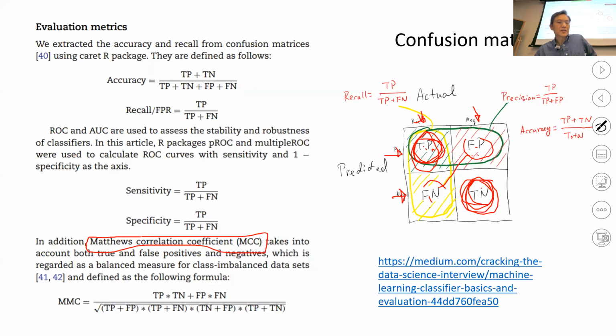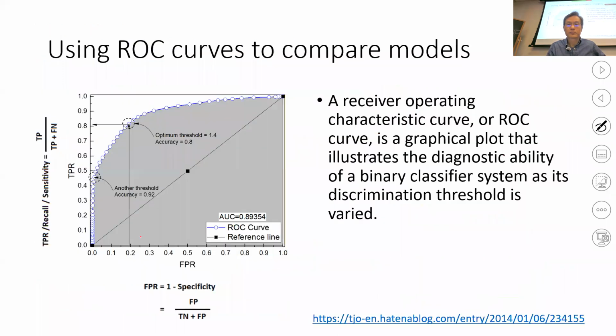This coefficient, the Matthews correlation coefficient, I have also sometimes seen used in the validation of some evaluation papers. Okay, ROC curve.